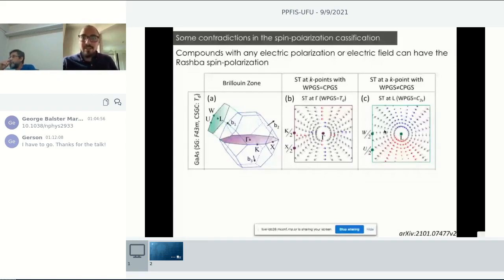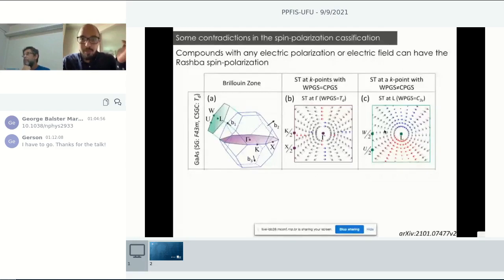However, Rashba showed us that we need an electric dipole to have this kind of spin texture. So essentially, we have a kind of contradiction here. It is a Rashba spin texture in a compound without any electric dipole, without any non-trivial topological phase, without any big spin-orbit coupling.